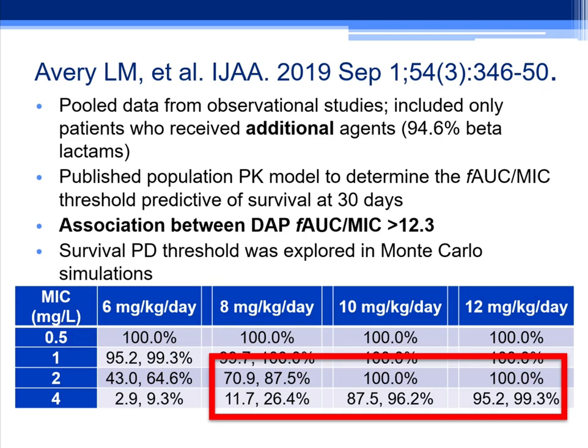So once again, pulling up this table, you can see when you give dapto at 8 mg per kg along with the beta-lactam, you have a clinically more successful chance of hitting that threshold that's needed. But once you get to MICs of 2 to 4, you really should still be using 10 mg per kg to 12 mg per kg along with that beta-lactam, particularly in MICs of 3 to 4.